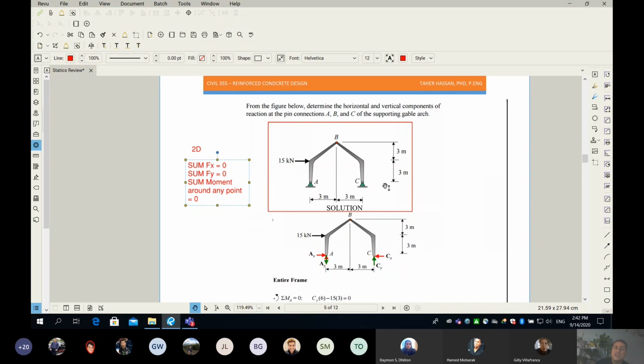And the third one is sigma moment around any point is equal to 0. When we analyze a structure in 3D, not 2D, how many equilibrium equations do we have? Is it still 3, or do we have more or less, and how many?